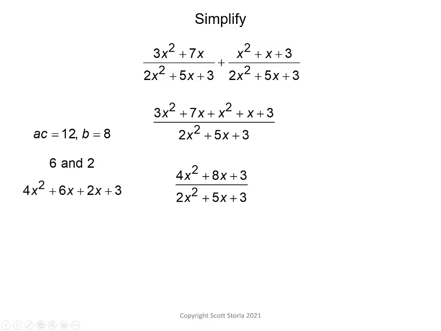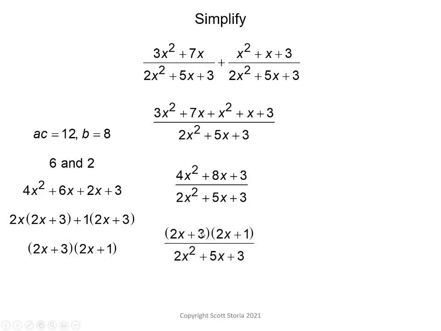So I'm going to rewrite the first degree term, factor out the GCF of 2x from the first two terms. That'll leave me with 2x plus 3. I'll need to think of the second 2 as 1 times 2x plus 3. I'll factor out the 2x plus 3. That'll leave me with 2x plus 1, and that'll be my numerator.